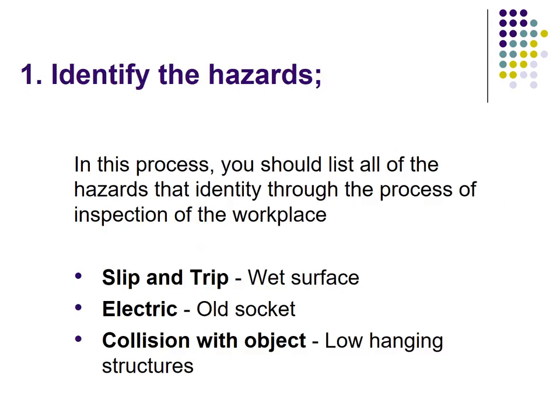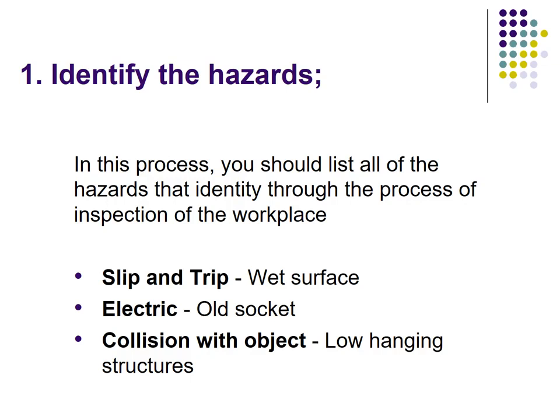Number 1, identify the hazard. In this process, you should list all the hazards identified through the inspection of the workplace. When you find any hazard, you should list those hazards in your notebook. Here is the example: slip and trip. The hazard is slip and trip.